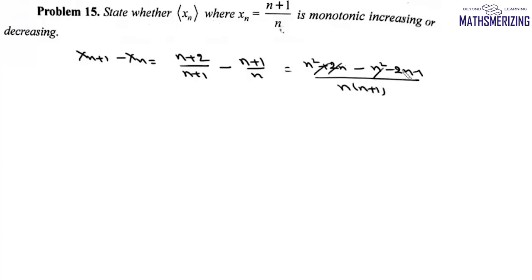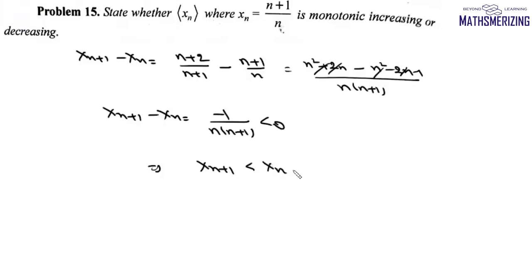Now here n^2 and 2n will cancel. So we'll get x_{n+1} minus x_n equal to minus 1 upon n(n+1), which is less than 0. So from here we can say x_{n+1} is always less than x_n. That means the sequence is monotonic decreasing.